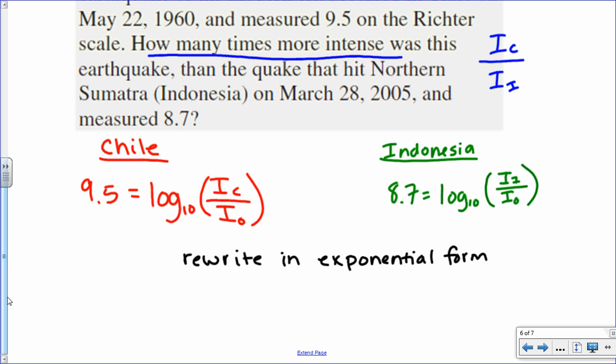Okay, so it's log base 10, so 10 is the base. The answer to a log problem is the exponent. So 10 to the 9.5 equals this fraction. Do the same thing for Indonesia.